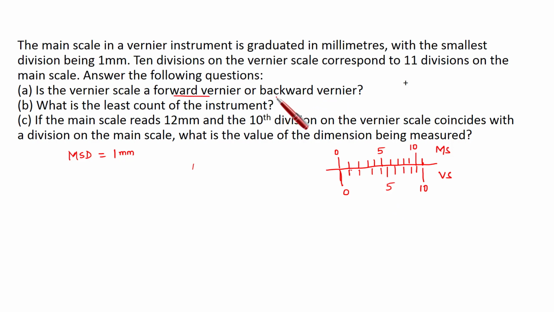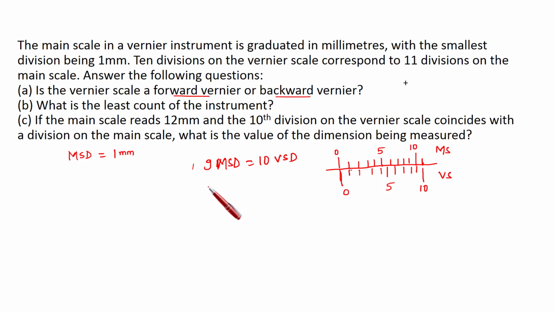The earlier examples we have seen were like 9 main scale divisions equal to 10 vernier scale divisions.